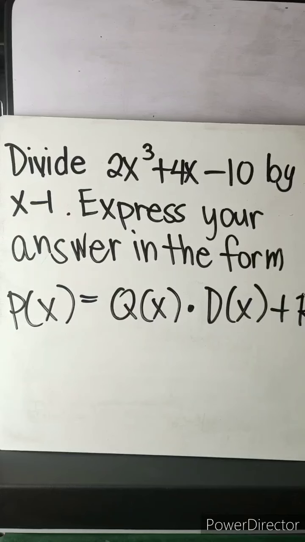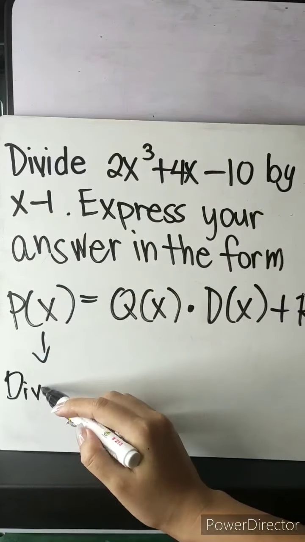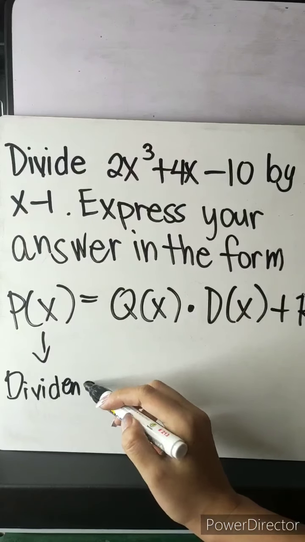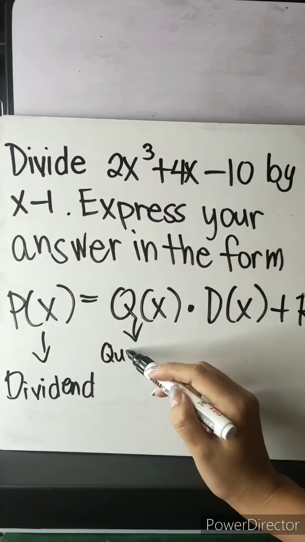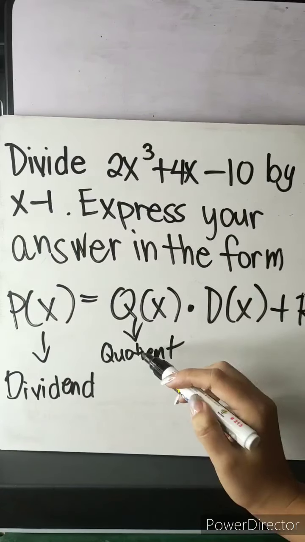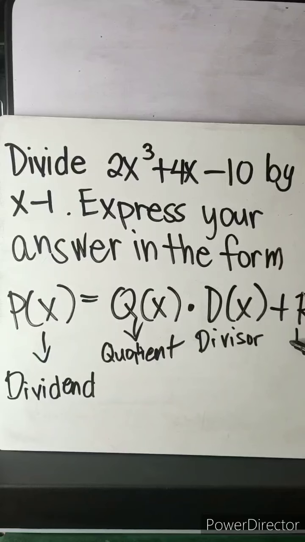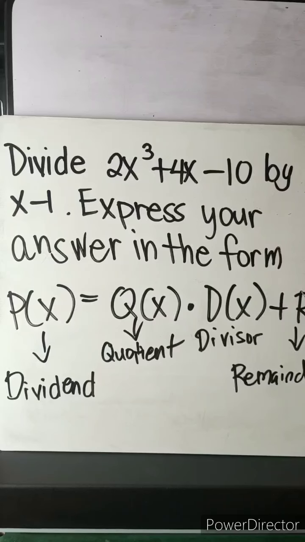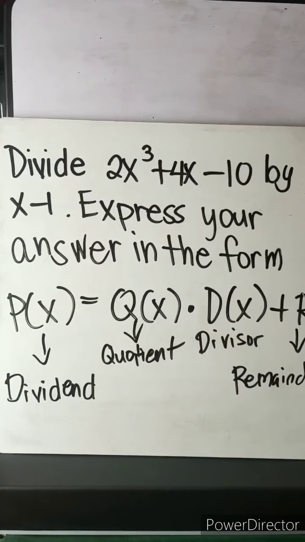And express your answer in the form of p of x is equal to q of x times d of x plus r, where p of x is our dividend, q of x is our quotient, and d of x is our divisor, where r is our remainder, if there's any.